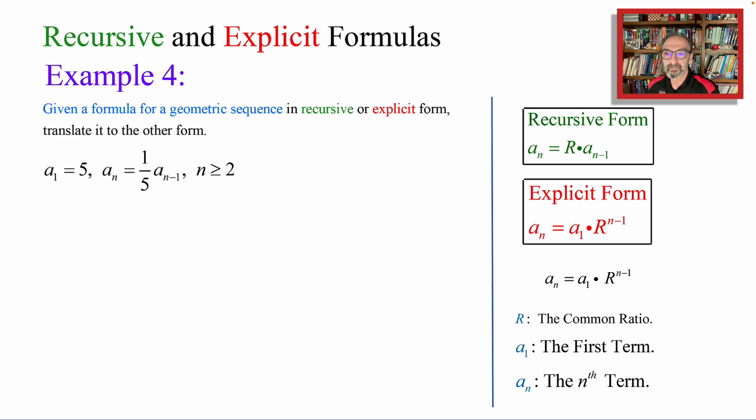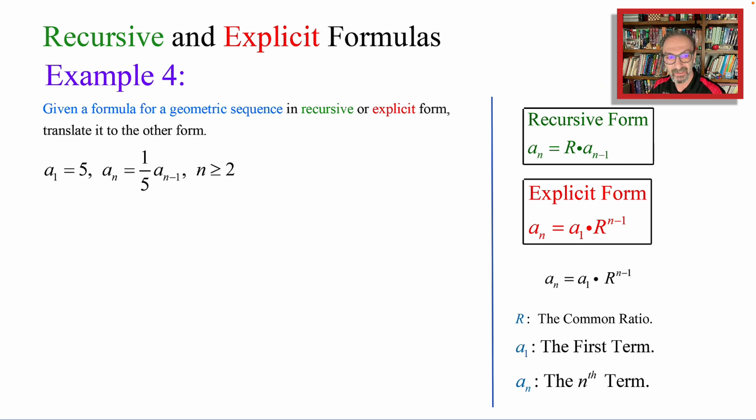Number 4. It says recursive and explicit formulas. Given a formula for a geometric sequence in recursive, I have it on the right side in green. That's a recursive form.